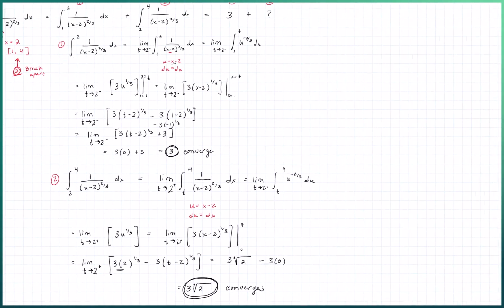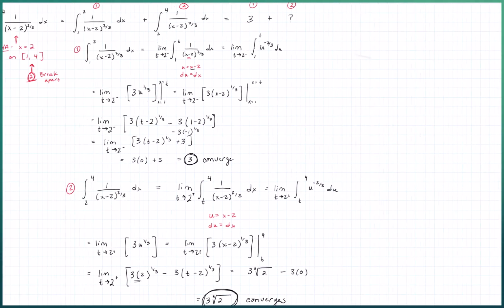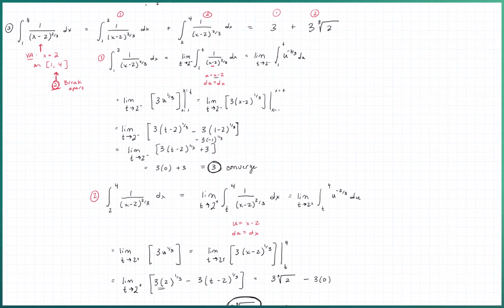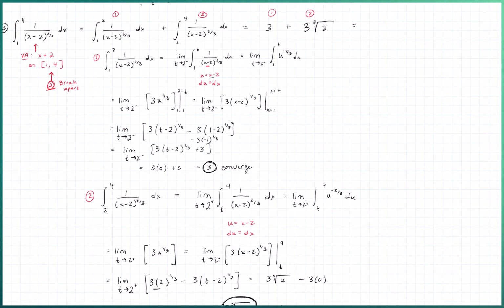And therefore, our integral converges because each piece converges, and the integral is 3 plus 3 times the cube root of 2. And that is our answer. We could write that as 3 times (1 plus the cube root of 2), or leave it as two separate terms, 3 plus 3 times the cube root of 2.